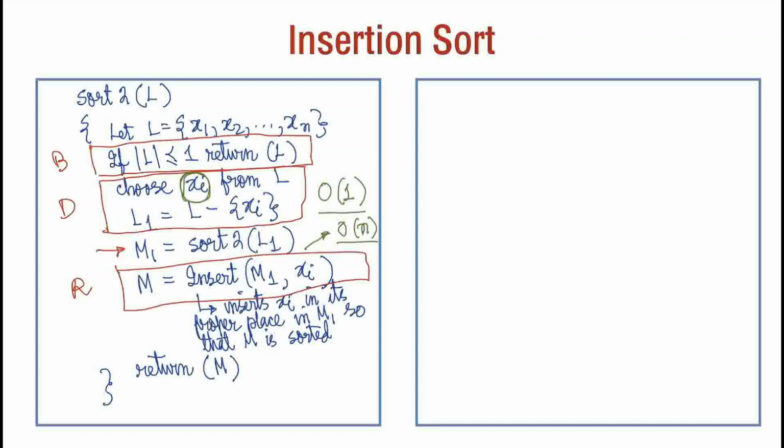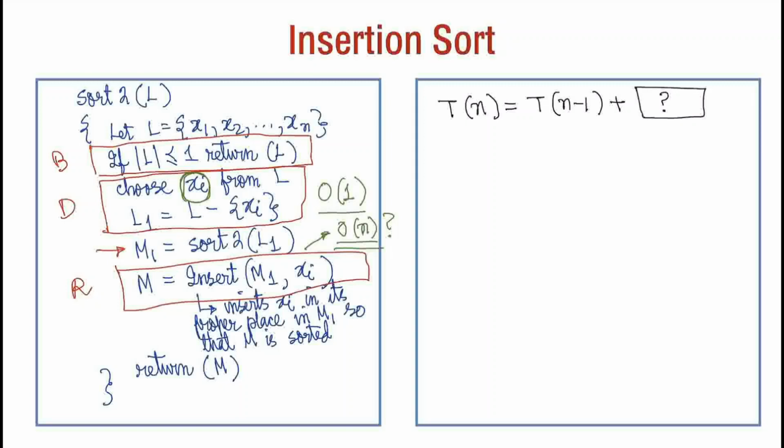So the question, what is the complexity here, is an important one. Now that we have decided to do the decomposition in order 1 time, that means we randomly choose an element, or we choose the first element, or the last element, and then we have to do this insertion. If we analyze carefully, our recurrence relation now becomes Tn equals Tn minus 1 plus order 1 for decomposition, plus the cost of the recomposition.